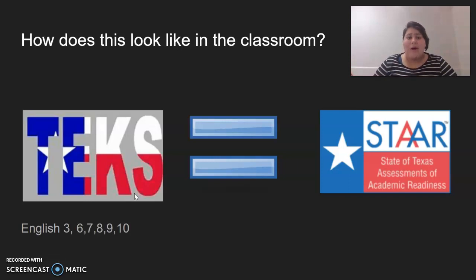What this is saying is that out of all the standards of English, and there's 13, I believe, probably more, don't quote me on that, I'll give you an exact number at a later date, we have a lot of standards for English. Out of those standards, these are the standards that the STAAR test is testing over.